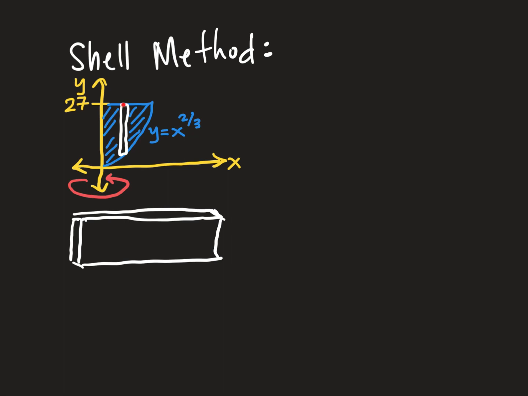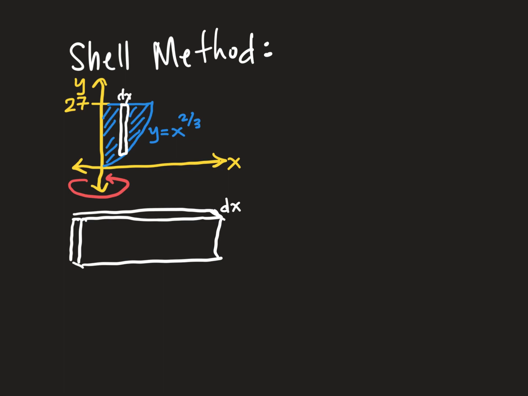I know it's super small, so it's either a small change in x or a small change in y. I can see there's just a small change in the x-axis, so I am going to use the differential dx to represent that thickness.